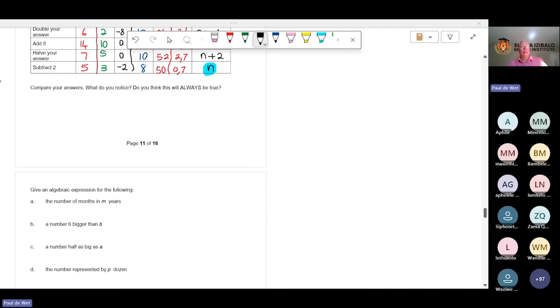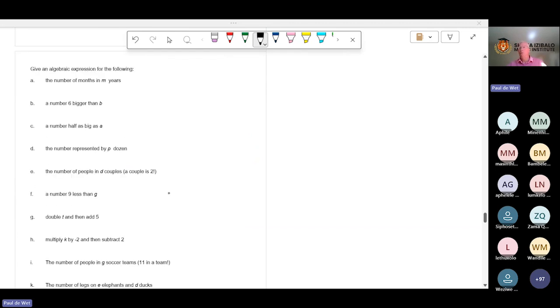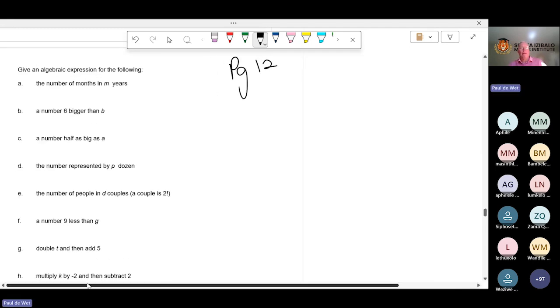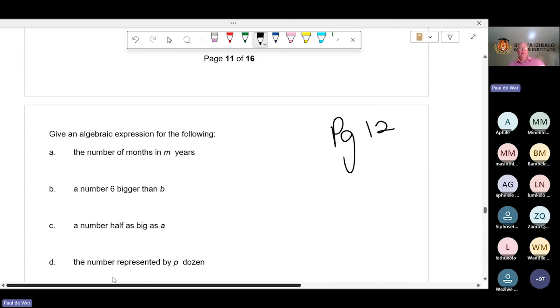Okay, guys, so we're going now to page 12. We're going to look at some statements in English, and we're going to write them mathematically, with algebra. So, the number of months in M years.